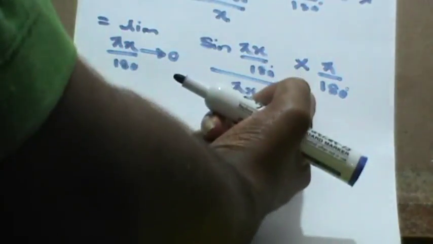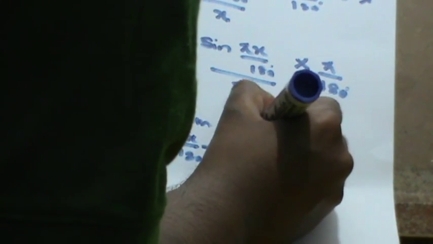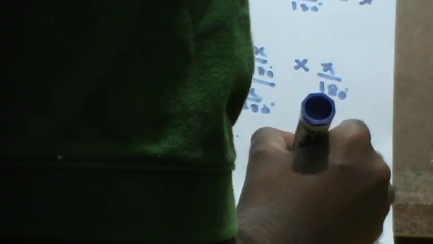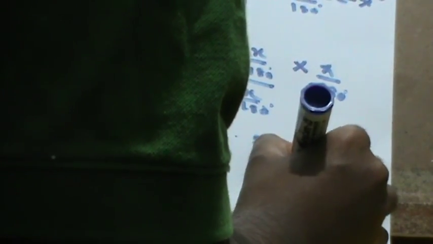If we have a constant inside a limit, you can take this constant out of the limit. So that will be 5π divided by 180 times the limit, as 5x divided by 180 goes to 0, of sine of 5x divided by 180, divided by 5x divided by 180.